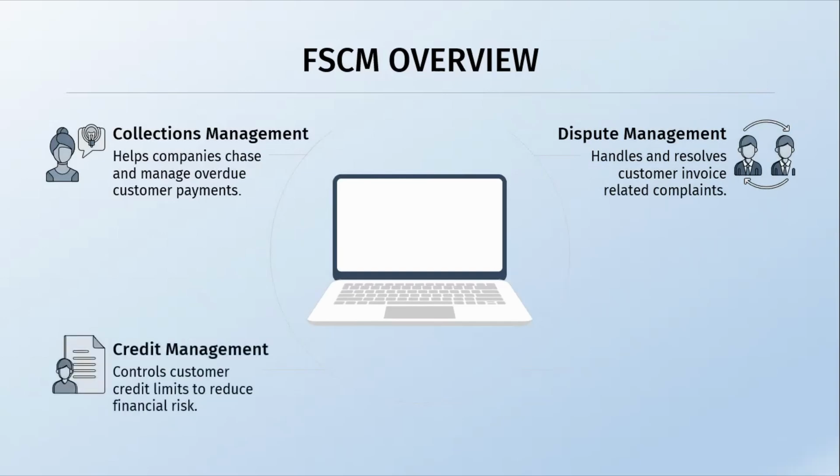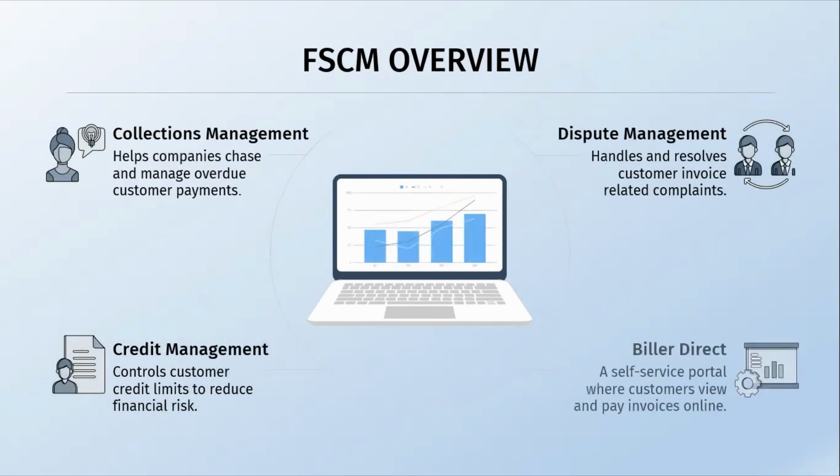The third one is credit management. It controls customer credit limit to reduce the financial risk. So this helps protect the business from potential credit risk and ensures safer sales decisions. And the last one is Biller Direct, a self-service portal where customers view and pay invoices online. So this not only reduces operational overhead, but also empowers customers with more control.